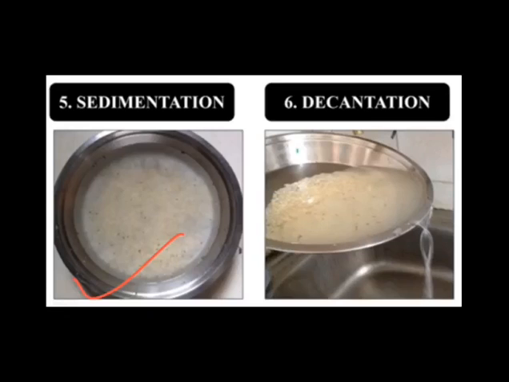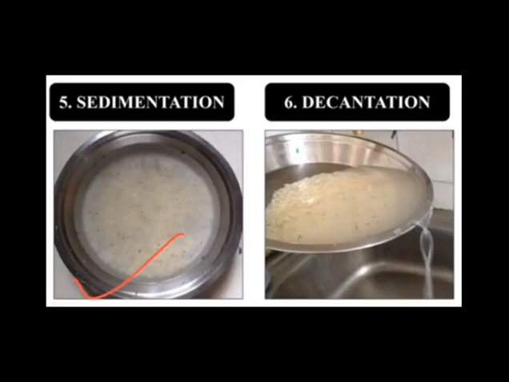So what I observe is the impurities will float on the water. You have already seen this at your home also, when your mother washes the rice before cooking. So what will happen here is the rice will settle down at the bottom of the container and the impurities will float on the water.